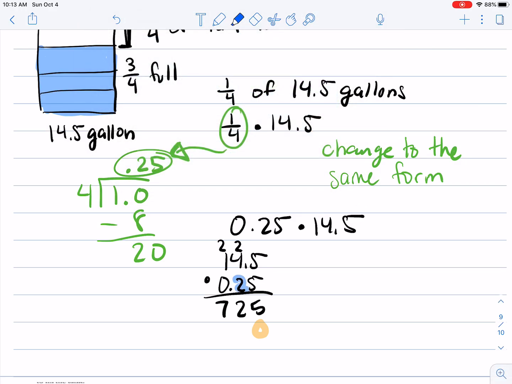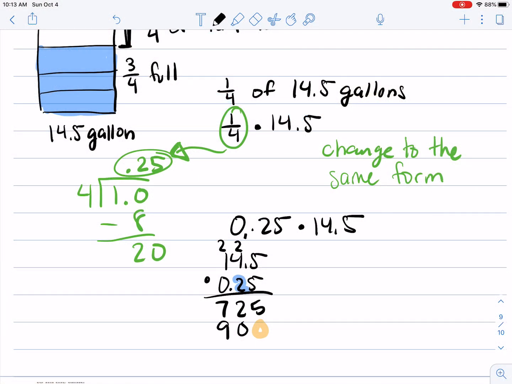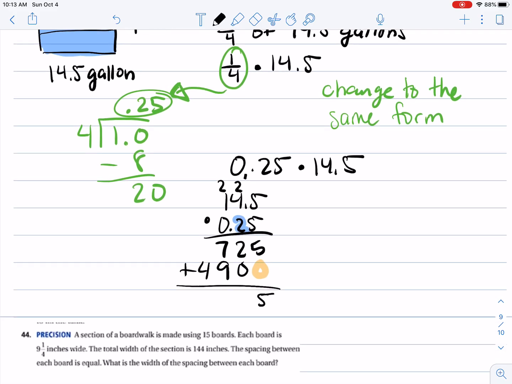2 times 5 is 10. 2 times 4 is 8 plus 1 is 9. And then 2 times 1 is 2 plus 2 is 4. Now I need to add those up. 5, 2, 16, 5.